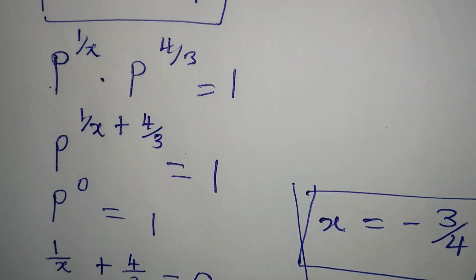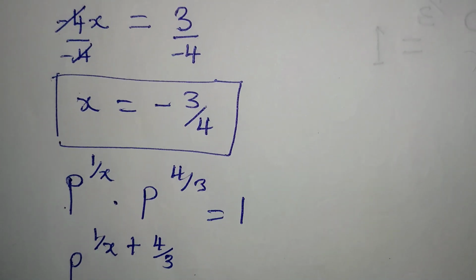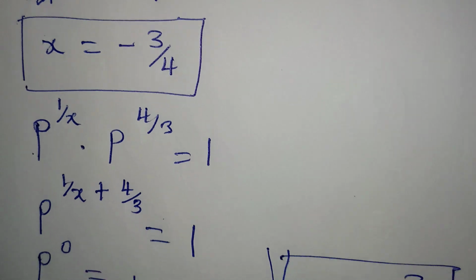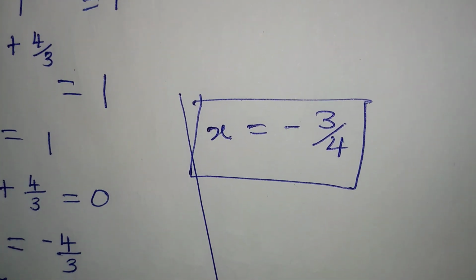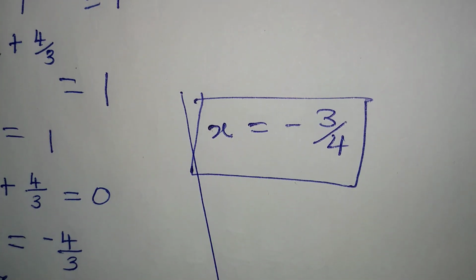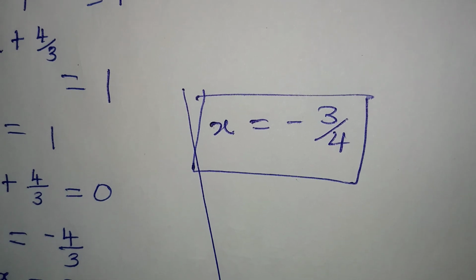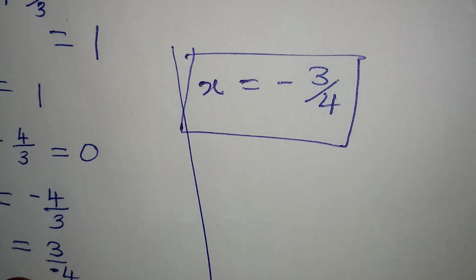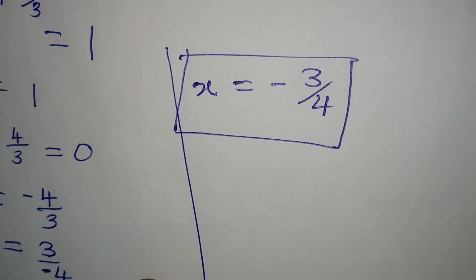Now let's look at what we had from the first method: x is equal to minus 3 over 4, and from the second method we still have x equal to minus 3 over 4. By the way, let's confirm this.